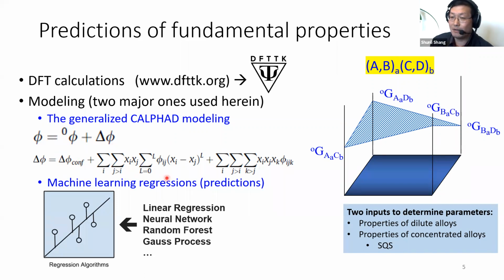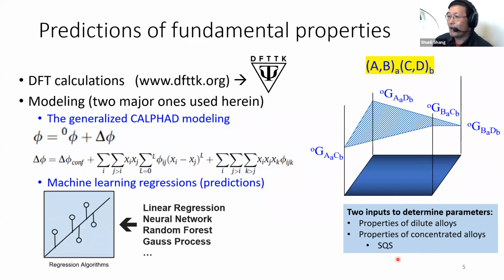And then we include the binary interaction, phi L. Sx is the composition in this alloy. And also here is the ternary interaction, phi, the interactions. When we want to get these parameters, the binary parameter and the ternary parameter, we majorly have 2 inputs. One is the property of the dilute alloy, which means very close to the end member.